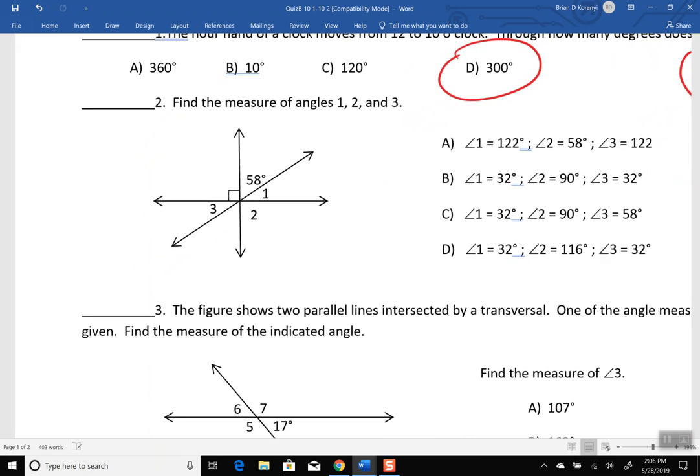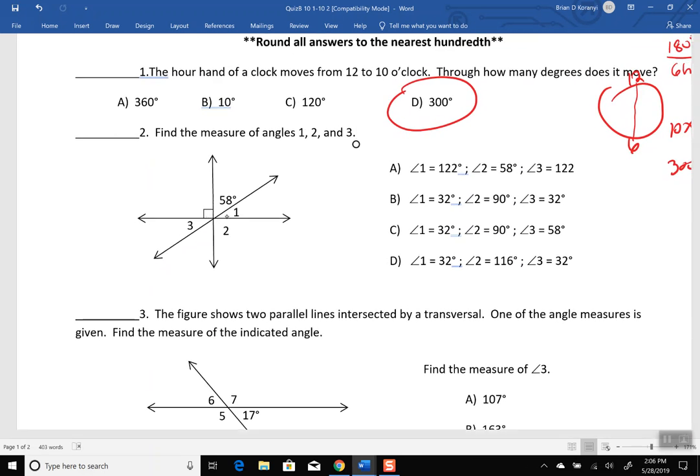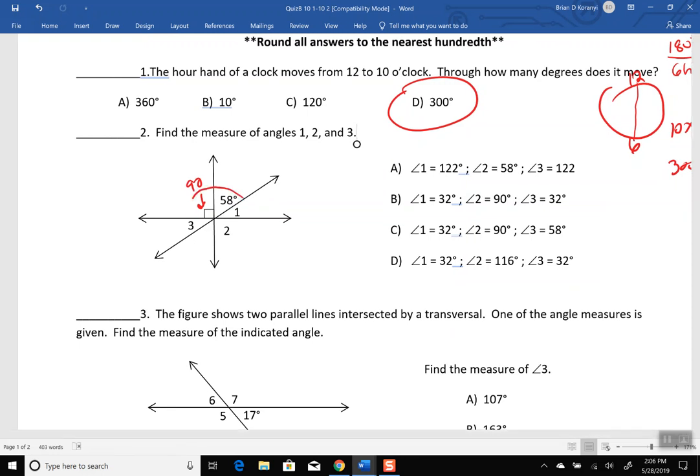Find the measure of angle 1, 2, and 3. A couple things you want to remember is that any time that you can make a half circle, that's going to be 180 degrees altogether. And that this symbol right here means that's 90 degrees. So right now I know this is 90. If I were to combine, say, these three, 58, 90, and angle 3, that one should add up to 180 degrees.